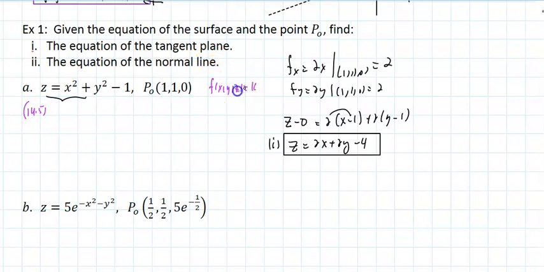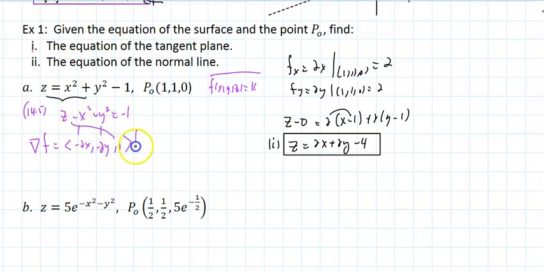Again, this is going to come back in chapter 16. So you have z minus x squared minus y squared equal negative 1. And you take the gradient of f, which is negative 2x, negative 2y, and 1. Evaluated at 1, 1, 0, the gradient is actually negative 2, negative 2, and 1.